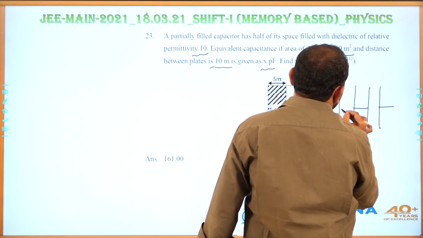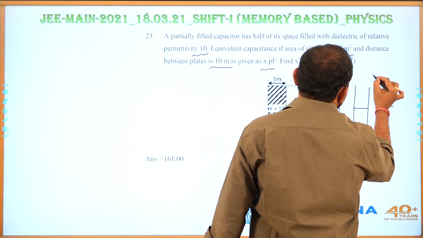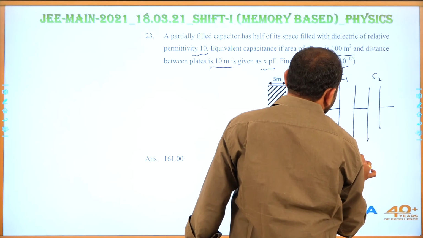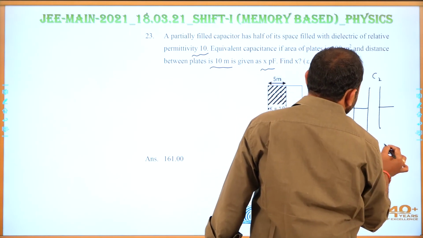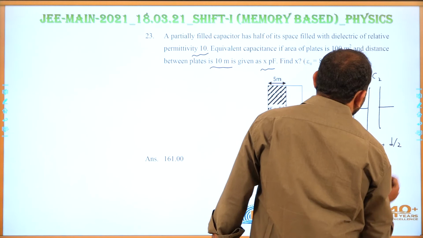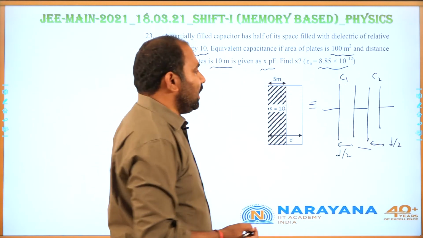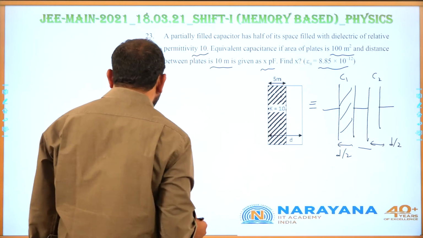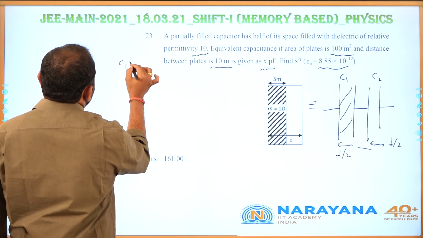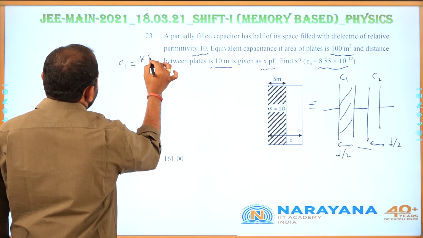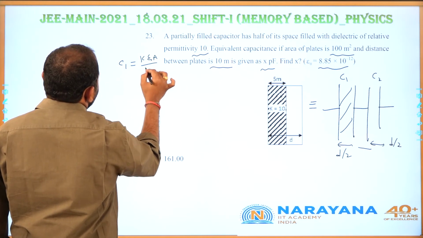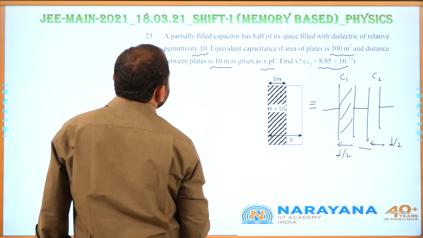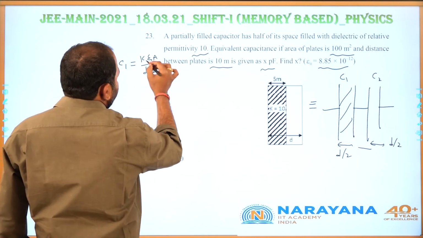One is corresponding to dielectric capacitor, other is air capacitor. Only the difference is separation to be taken as d by 2 because it is mentioned that half of the space is filled with dielectric constant. So capacitance of dielectric capacitor can be written as C1 equal to K times of epsilon naught A by d by 2, where d is separation between the plates, K given as 10.